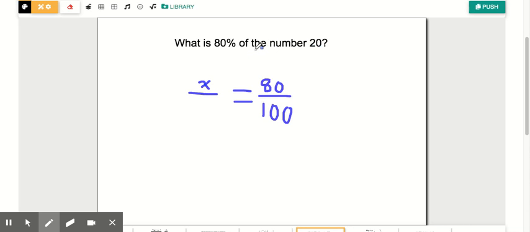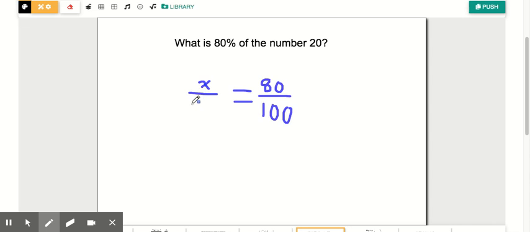Sometimes you'll get the phrase of 20, but sometimes you'll get the phrase of the number 20, or of the number whatever. That of still sticks with the 20. They might not be next to each other, but this of is still asking about the 20.